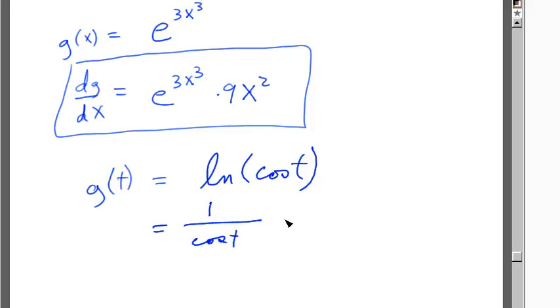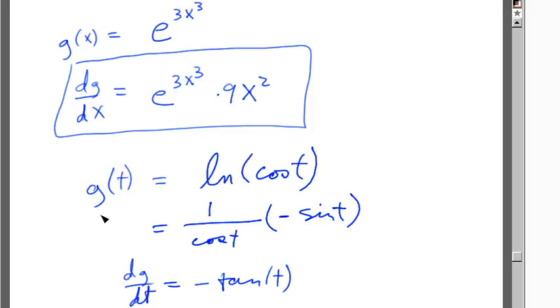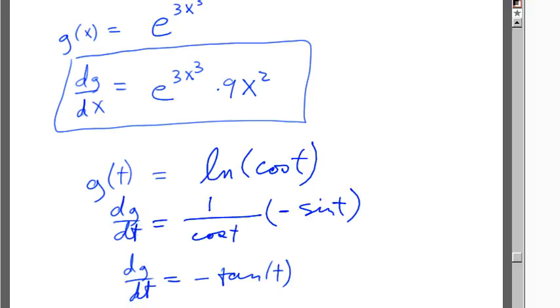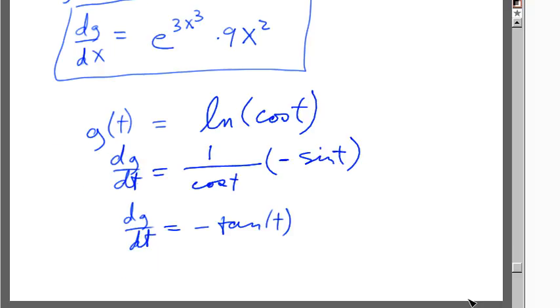So the derivative of the cosine of t with respect to t is minus the sine of t. And that's interesting. Sine over the cosine is just the tangent, so you get minus the tangent of t as dg by dt. Should emphasize that's what we're doing here. We're taking the derivative of that function with respect to t.